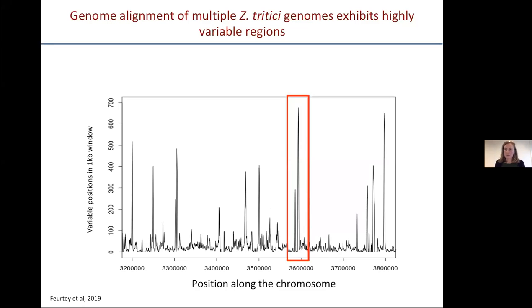We had not seen these regions before, because usually we would just kick them out with our filtering and consider them poorly aligned regions. And Alice wanted to understand, why is it that I do a very good SNP filtering and I keep having these weird regions? What are they?